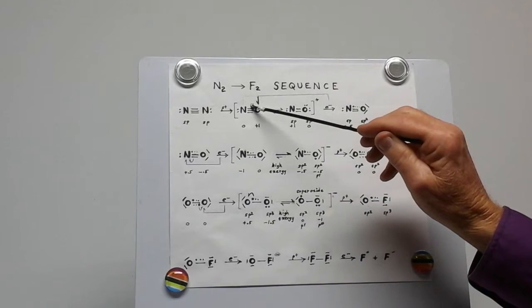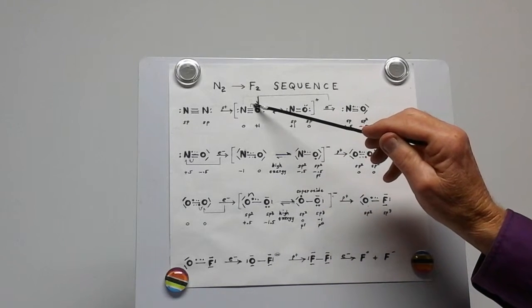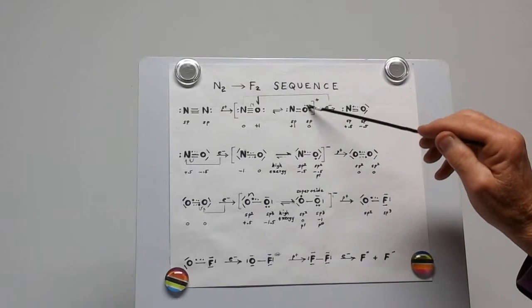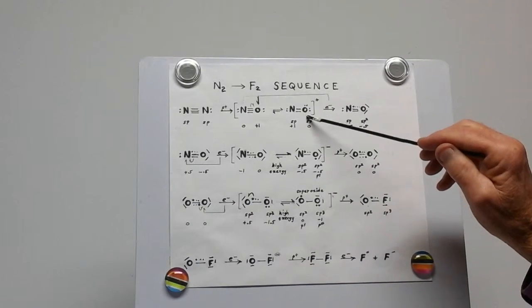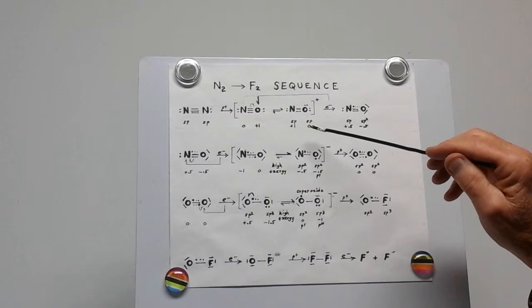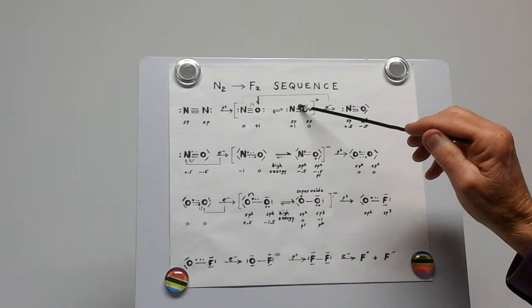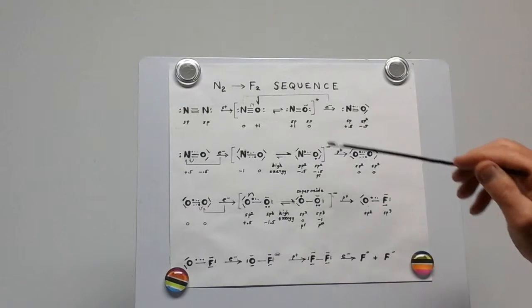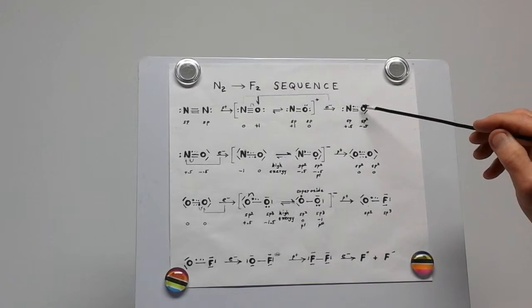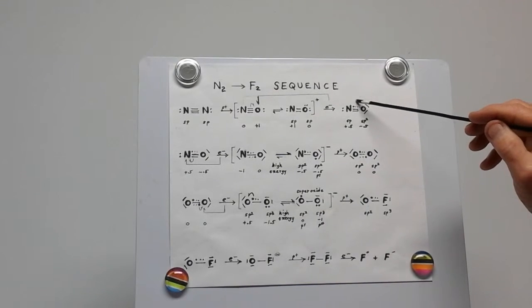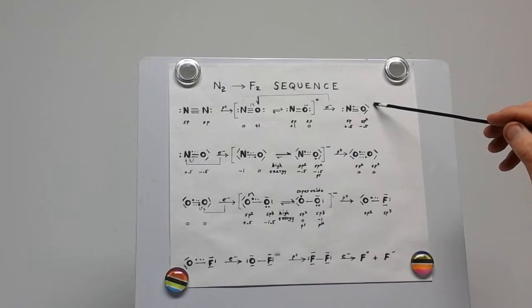It's going to break a pi bond, 1 electron in here. This oxygen with the p orbital has a pair of electrons now, and there's 1 electron left here, and this is what we call a 3-electron pi bond along the p orbital, which you may have seen in some models.